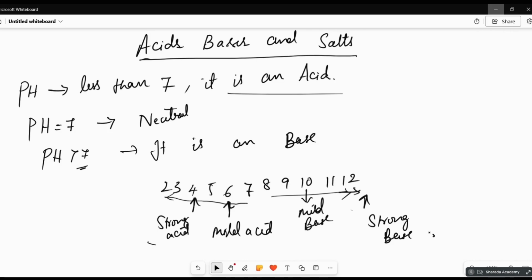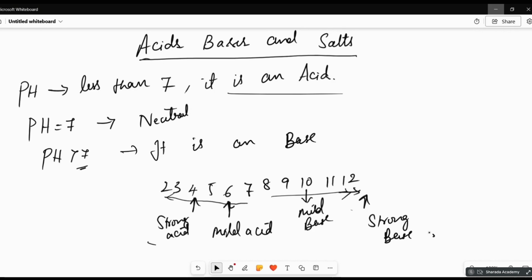And tell me how pH becomes less than 7 or more than 7, what is the characteristic because of which we can say it's an acid. Very good. It produces hydrogen ions.